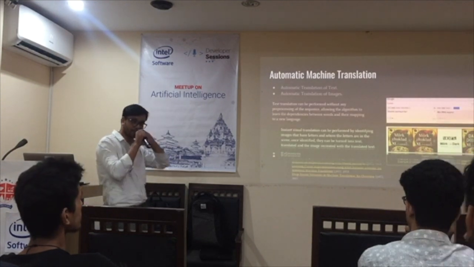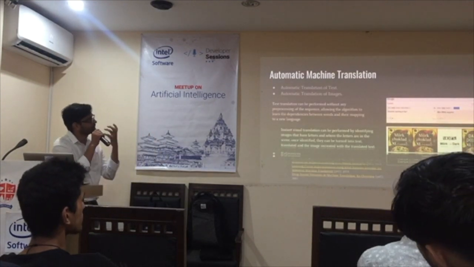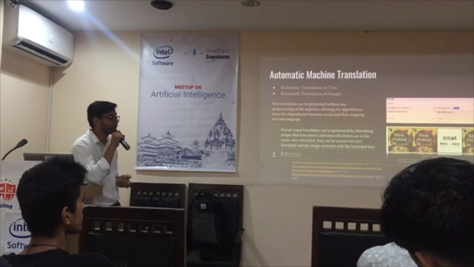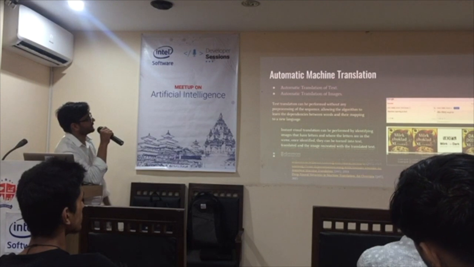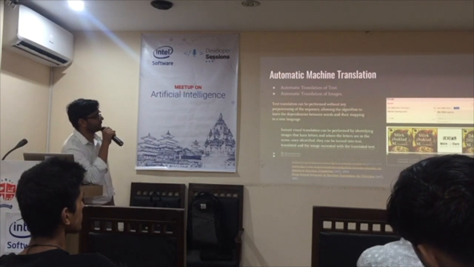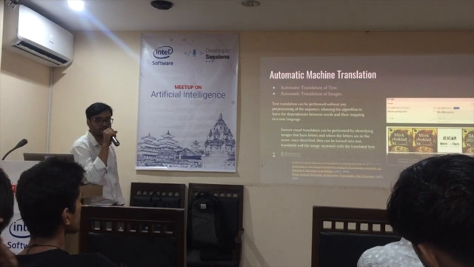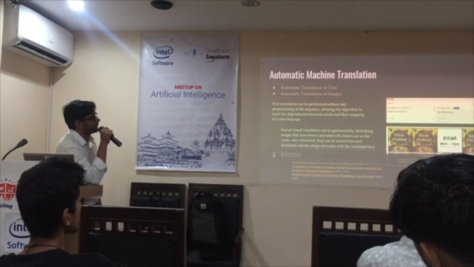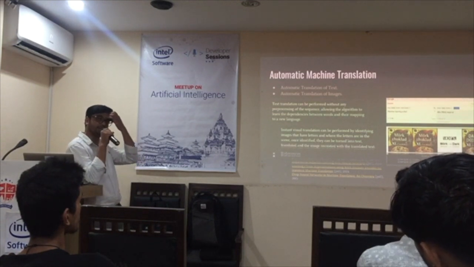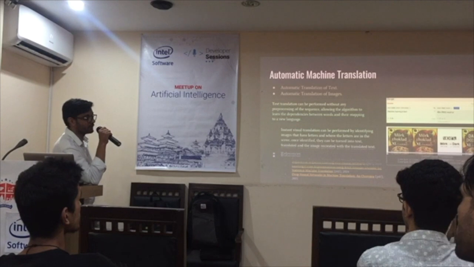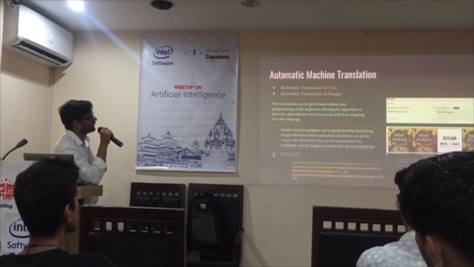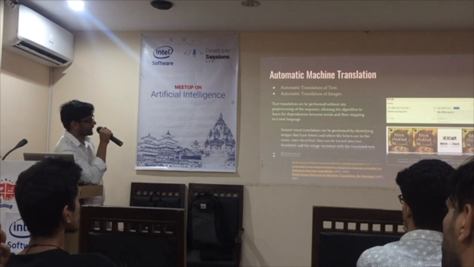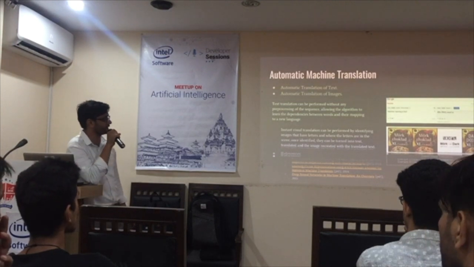Another very important and very useful application of deep learning is automatic machine translation. We can see Google Translator today, or voice recognition today, which is very complex and has good performance. So the task is automatic translation of text and automatic translation of images.